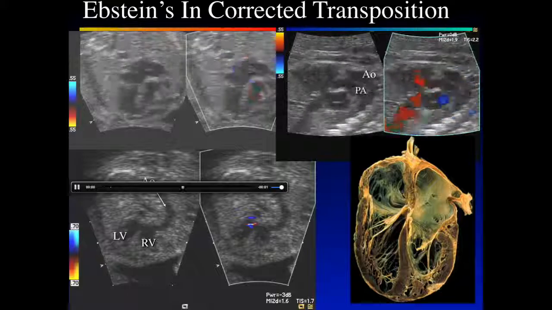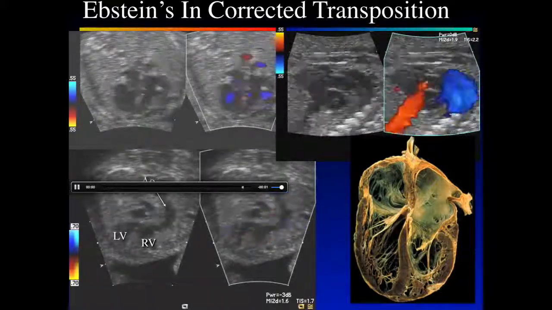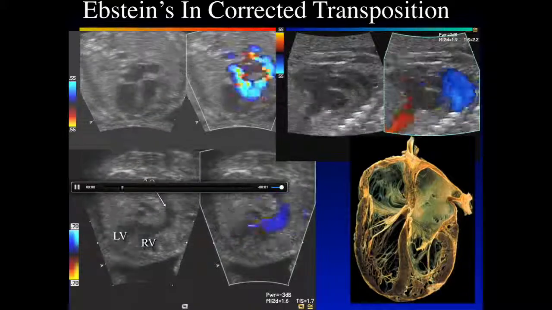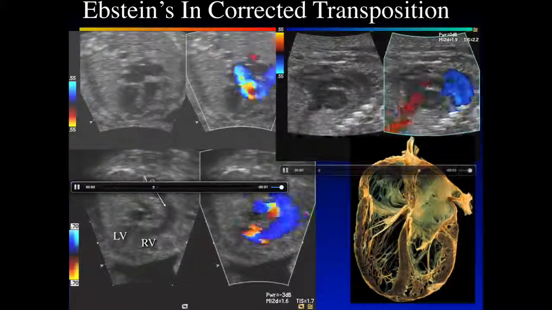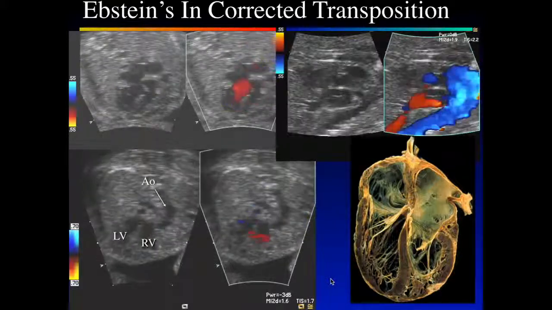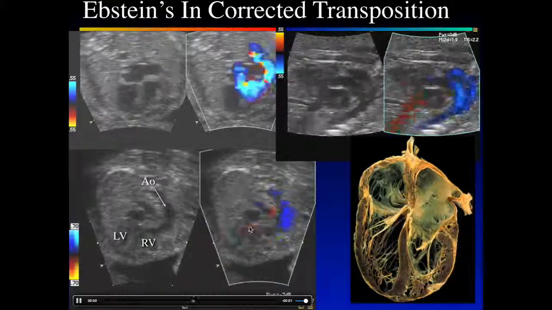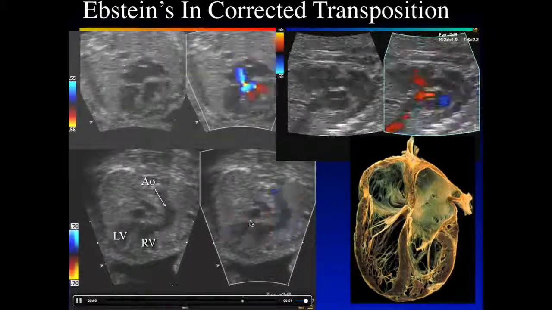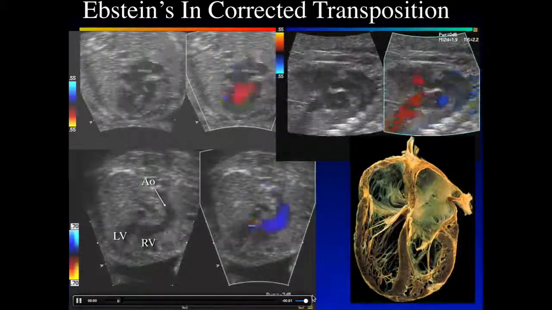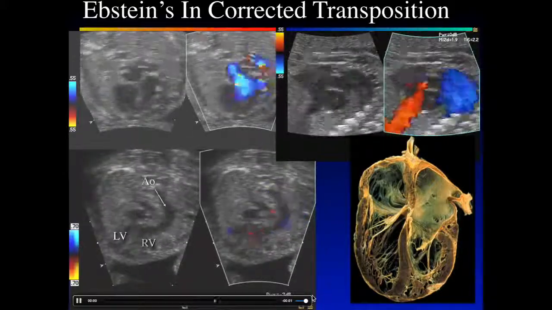And that is a very serious condition, but its prognosis has not been looked at in Dr. Lindsay Freud's particular study. So you can see here the displacement of the tricuspid valve from the mitral valve. And of course, Dr. Abou-Ahmad set us up beautifully to understand these issues in his earlier talks today.